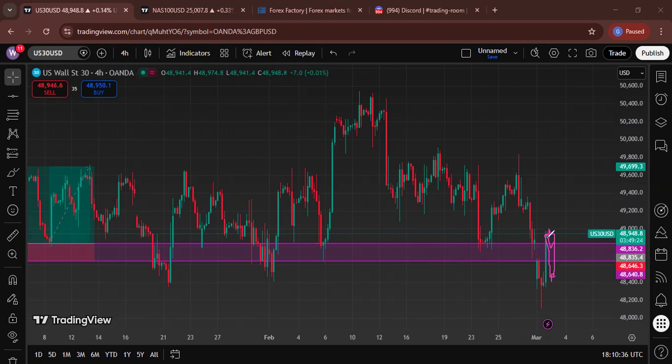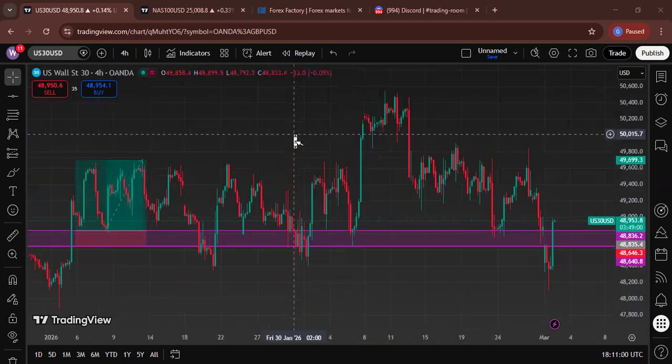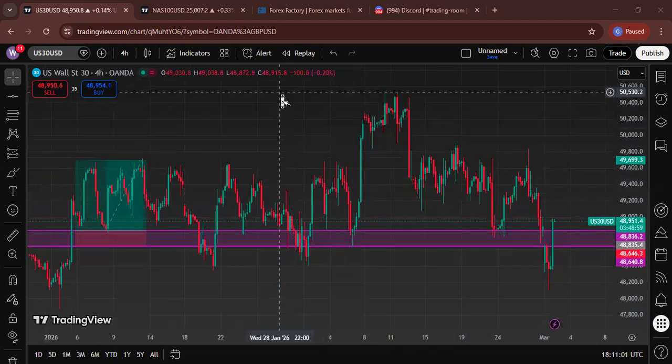So what you might want to see is a strong bearish push, let's say even back into this zone. The moment you have a strong bearish push into this zone, then you can have a good selling opportunity. So it's more of waiting for confirmations for this one. Okay, thank you, welcome.